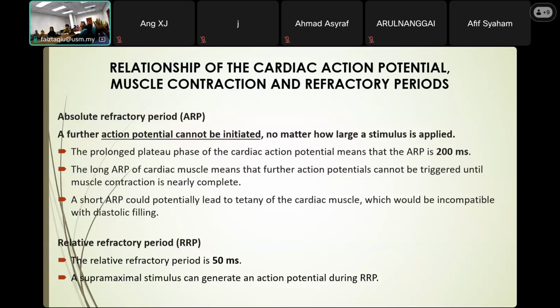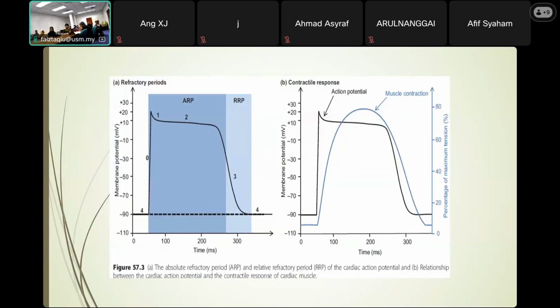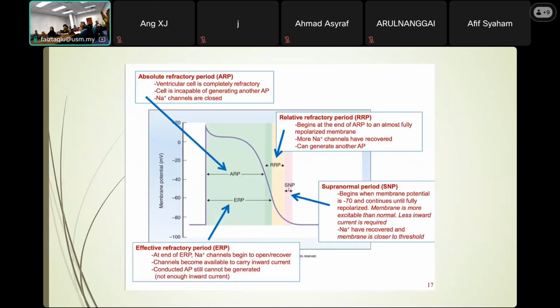So RRP, basically Prof helped me explain. This from the textbook just shows the phases or the periods, sorry, ARP and RRP. But I managed to find this where it explains the ERP. For the ARP, the absolute refractory period, the key point is sodium channels are closed.